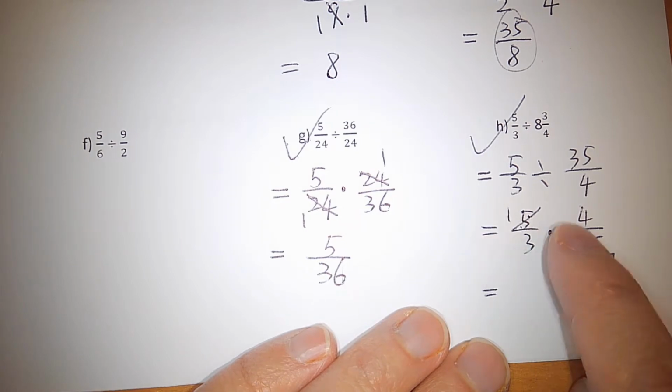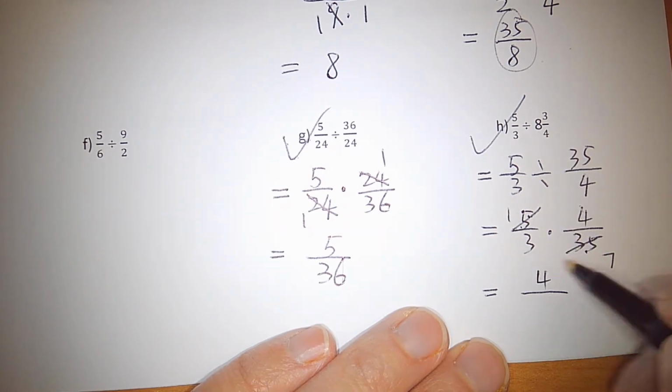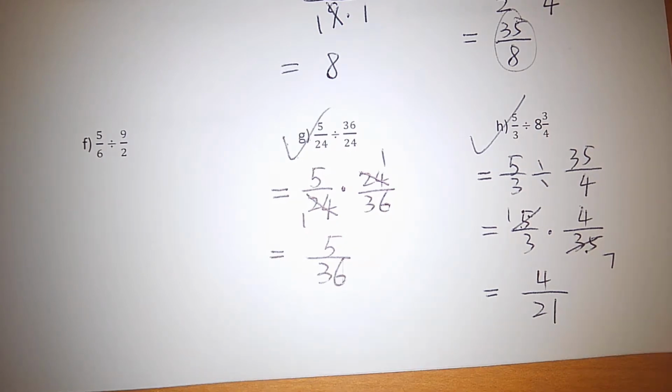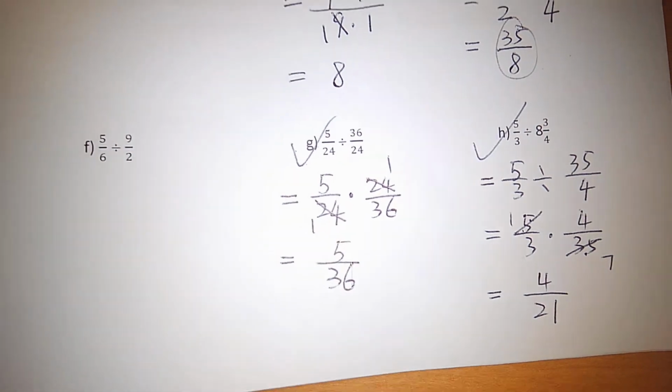So we'll have 1 times 4 is 4. 3 times 7 is what? 21. Does everybody get the same answer? Okay. Alright, so these are fraction multiplication and division, and also improper fractions, mixed numbers, and conversions between them.